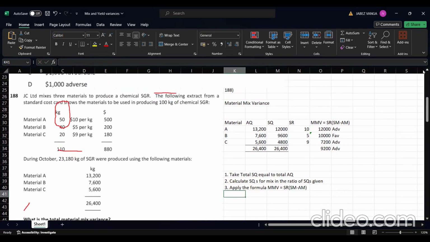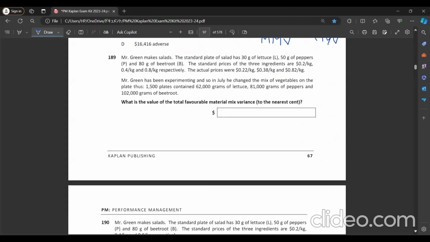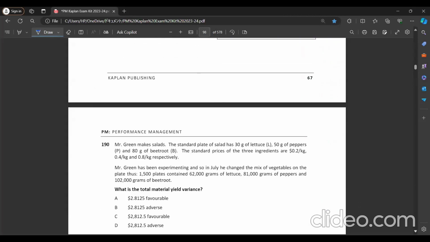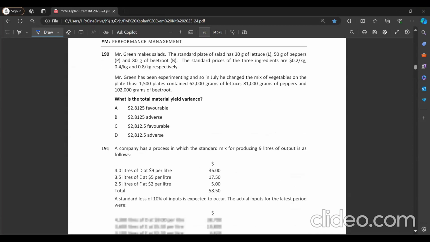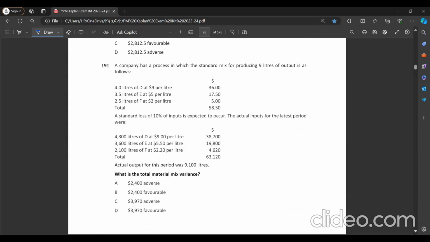So let's also solve another question on material mix variance. I'm taking you to the exam kit. We have 189 and 190. Those questions are also there, but another one, a similar pattern style of question, we'll take it up as 191. As soon as we finish 191, we'll go to 189 and 190 and then solve them.